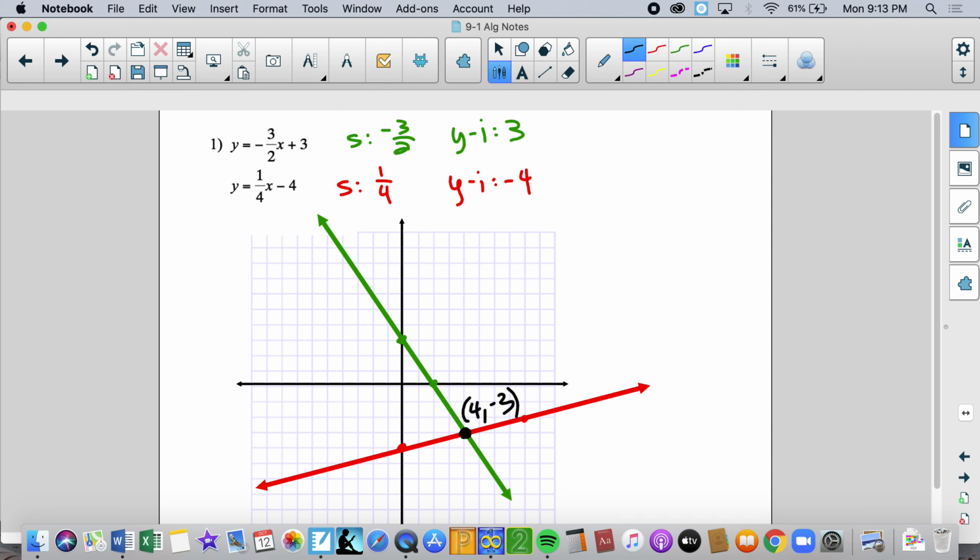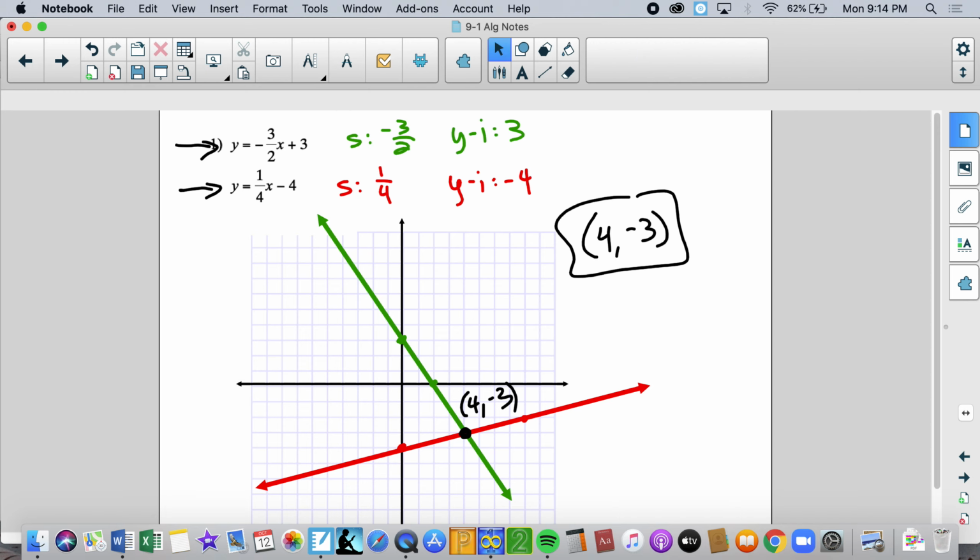So the point of intersection, or the solution, is going to be (4, -3). That means if we plug it into this equation, we get the left side equal to the right side. And if we plug it into that equation, we would also get the left side equals the right side.